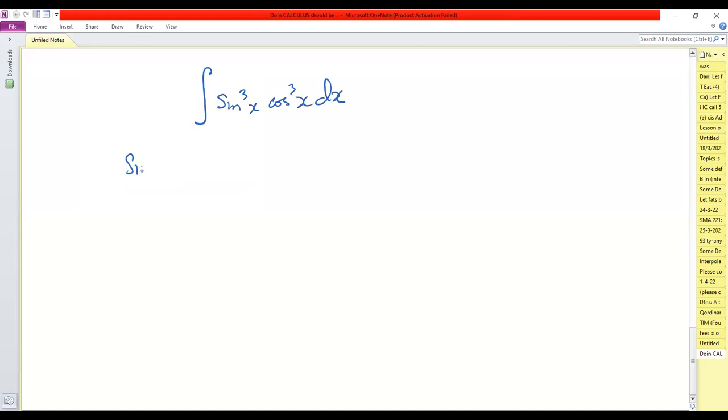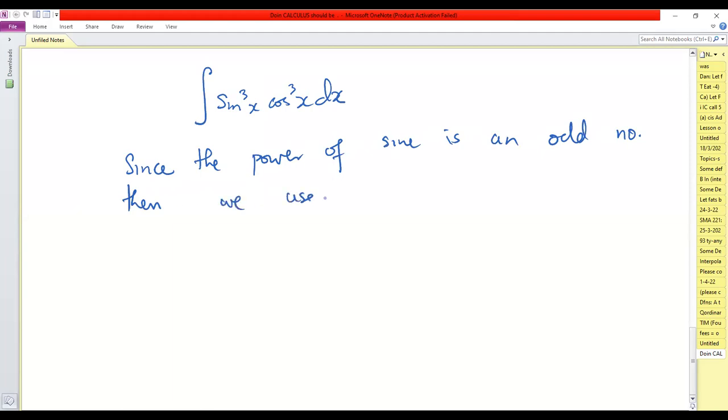So since the power of sine is an odd number, then we use the identity sine squared x is the same as 1 minus cosine squared x.